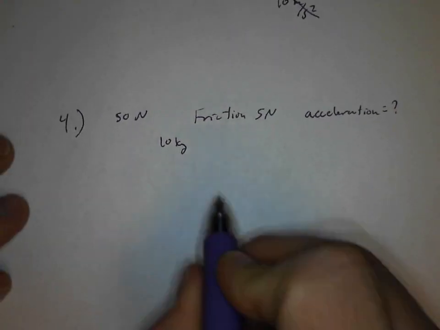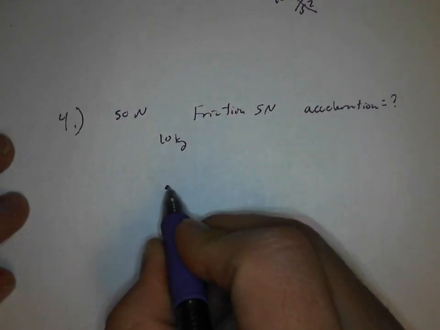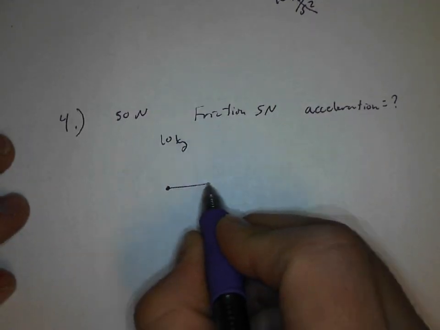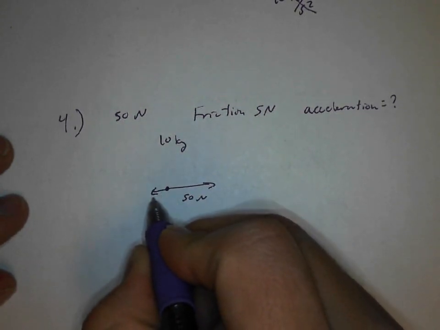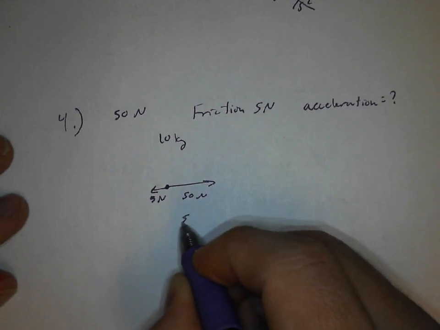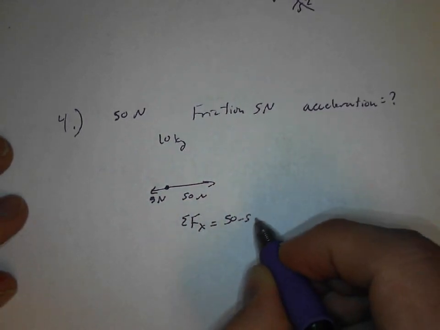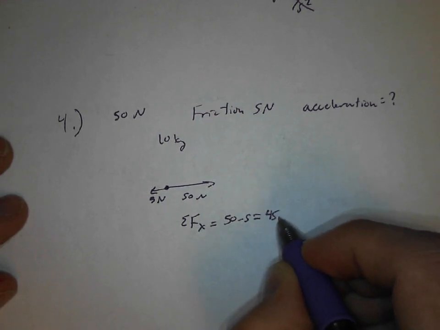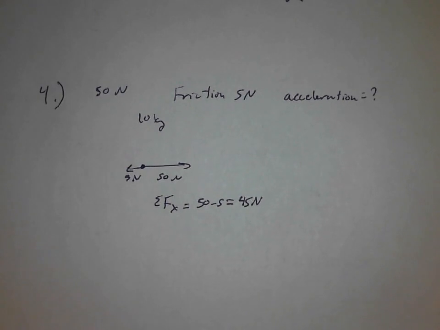If that's the case, then really what you do is you'll have to draw a free body diagram first and realize, okay, well, if I'm going to push it that way with 50 newtons, friction is going to go the opposite direction of 5 newtons. So we do our sum of the forces in the x. I'm going to get 50 minus 5 with the value of 45 newtons as my net force.